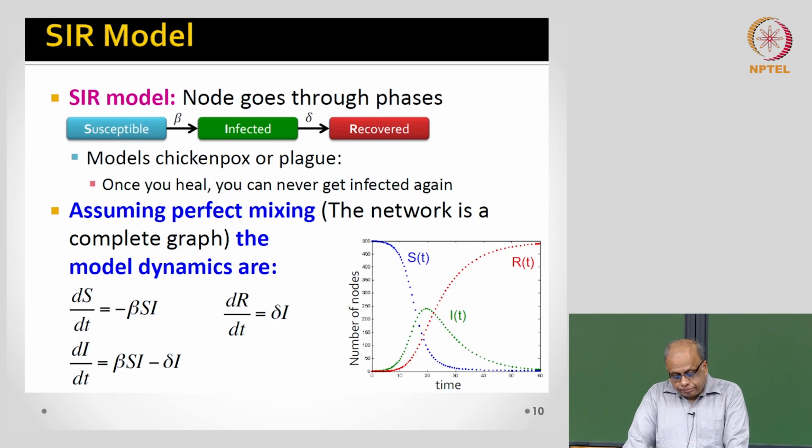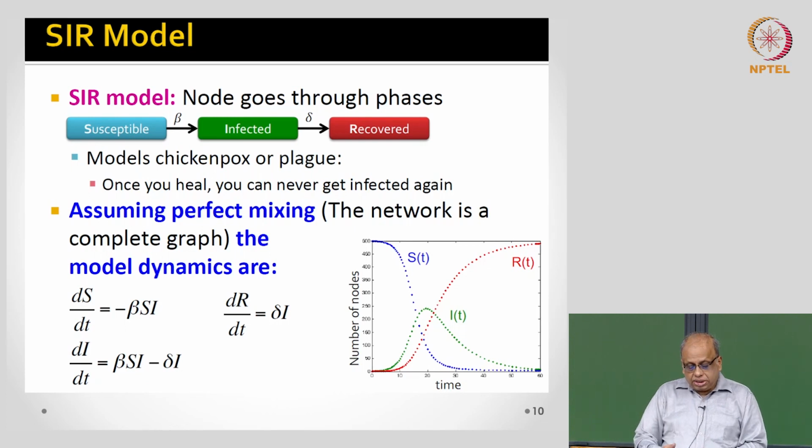And so a person who is susceptible, with a probability of beta, can become infected, and a person who is infected, with a probability delta, can recover. Okay, and assuming perfect mixing of the network, we have this formula: dS/dt, the number of people who are susceptible, would be minus beta SI.